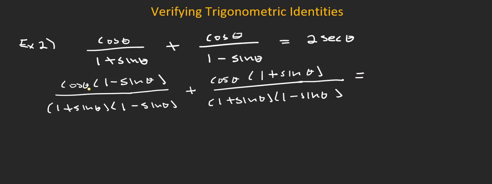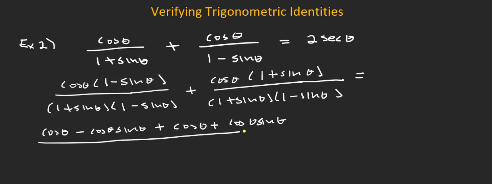Okay, let's distribute the cosine theta. And let's do the same over here. Distribute cosine theta. You get cosine theta plus cosine theta sine theta, all over the quantity.